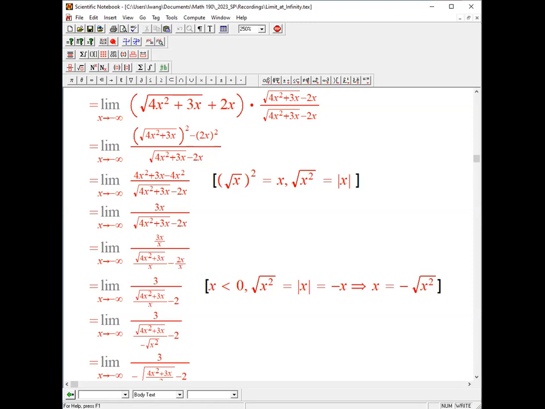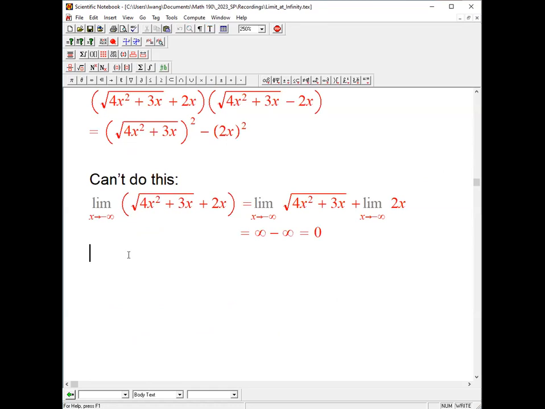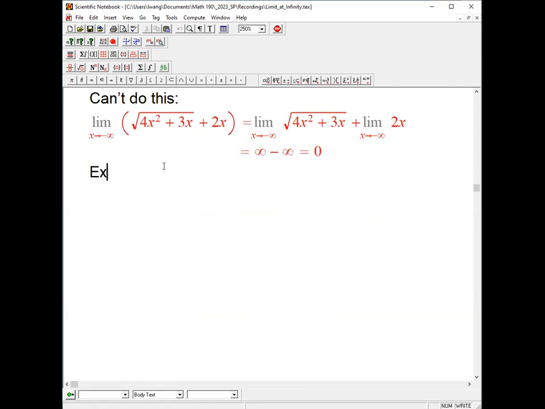There are a couple of limits that don't exist. So for example, this one was example number 5. So let's look at example number 6.